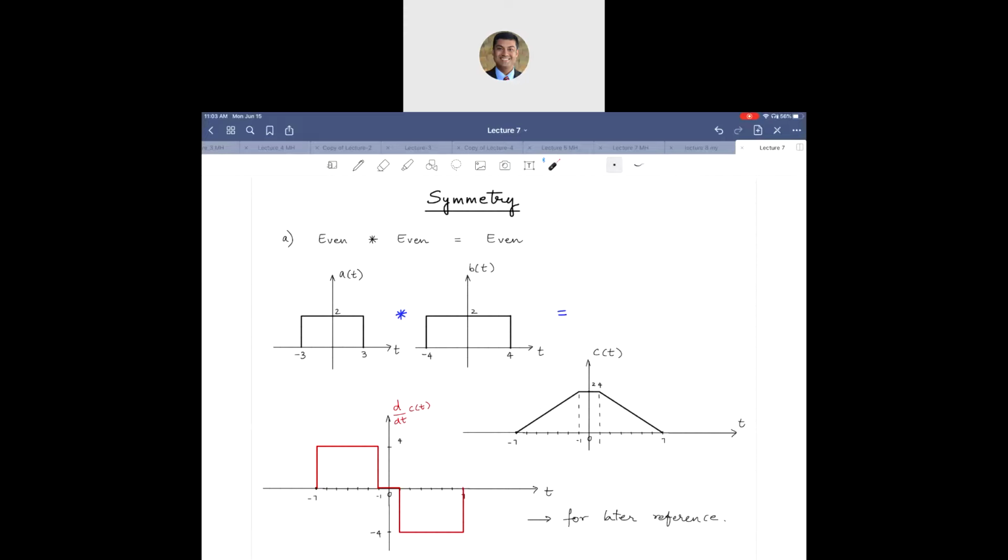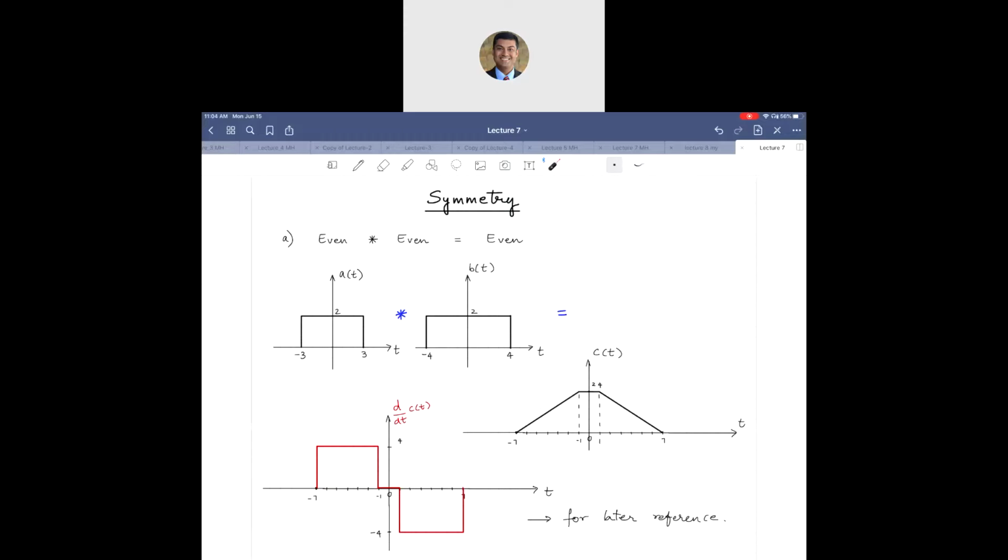So before I go any further, I want to show you guys a few tricks. As long as you are convolving rectangles, you should be able to do that relatively quickly.